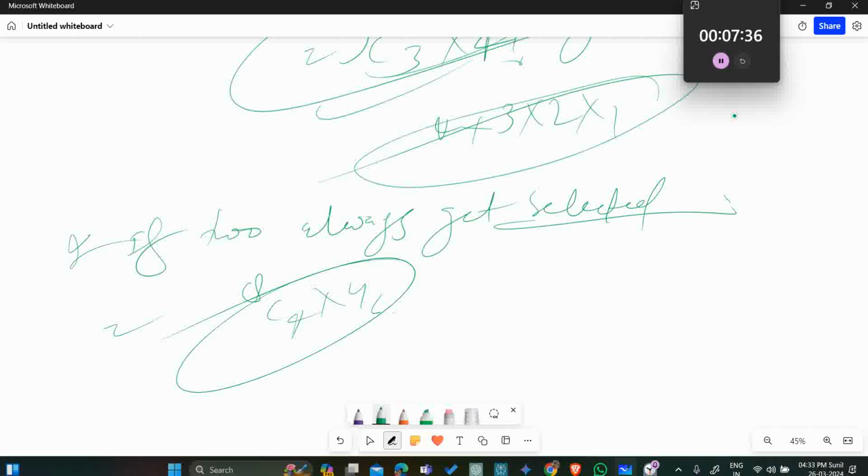And second thing is 8P2 into 3 and 4, 3 ways, and now this in 4 ways. So we can do this also.